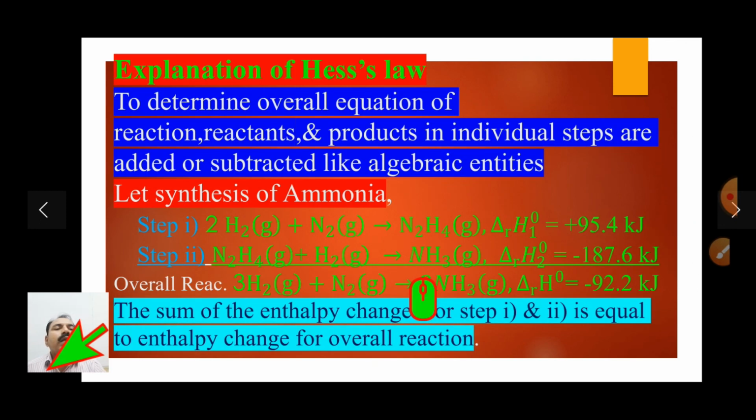There is formation of only 2 molecules of ammonia, that is 2NH3, which is also a gas, and the standard change in enthalpy of this reaction is minus 92.2 kilojoules, because delta rH1 is equal to plus 95.4 kilojoules and delta rH2 is equal to minus 187.6 kilojoules. We add them, therefore we get minus 92.2 kilojoules, and this is the standard change in enthalpy of the overall reaction.